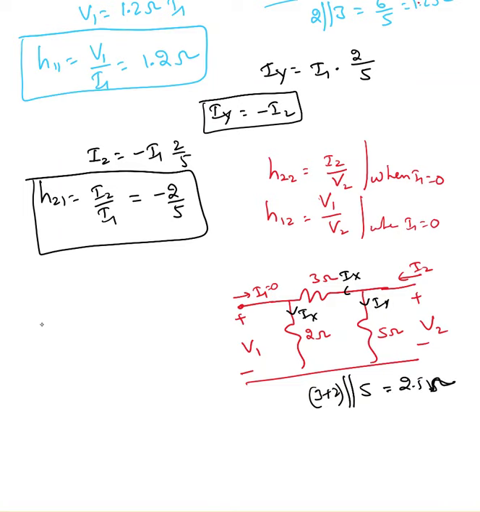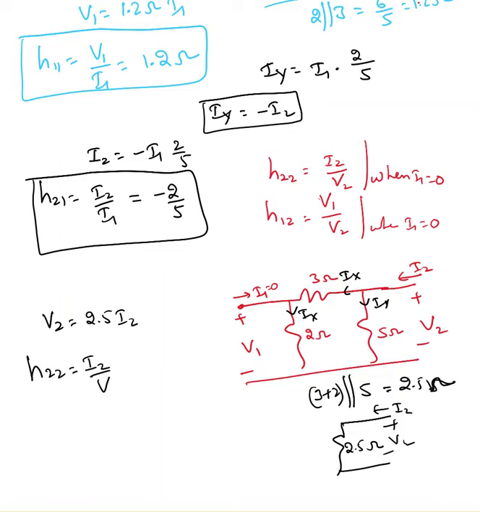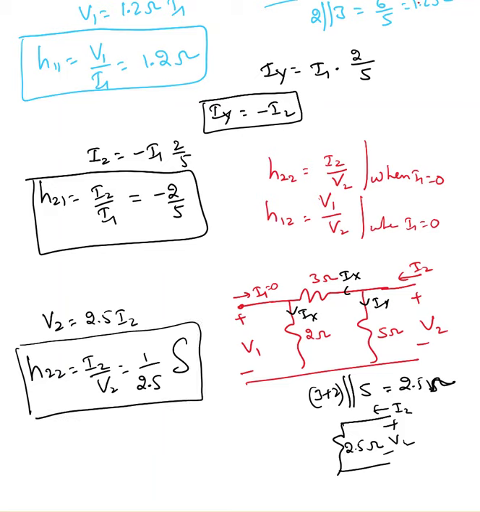When I draw the circuit, it is going to be something like this: here is my i2, v2 and 2.5 ohm. So v2 equals 2.5 times i2. So h22 is nothing but i2 over v2, which I can write as 1 over 2.5 Siemens. That's our h22.